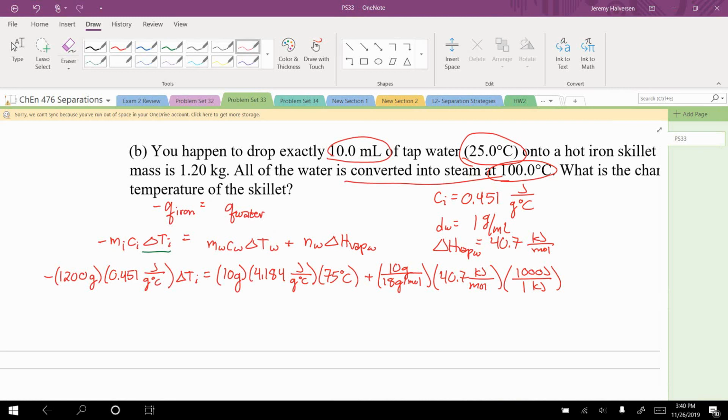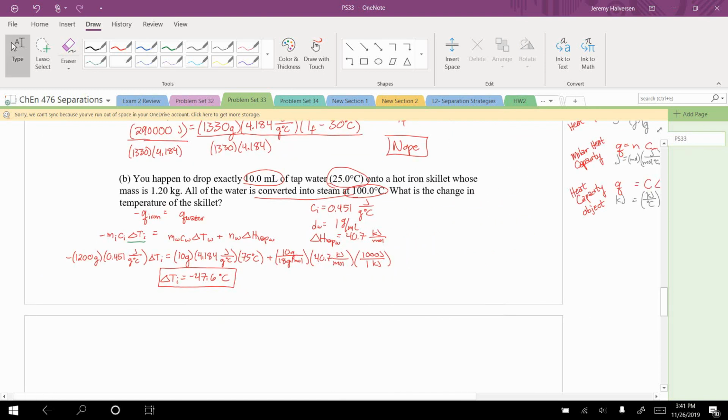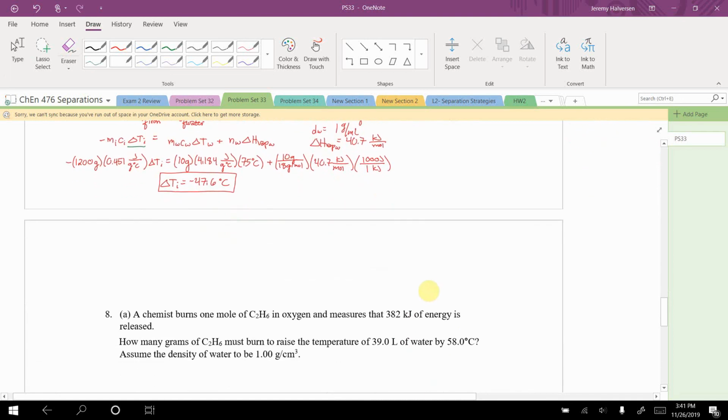All right, so I plug in all those numbers, and I get that the change in temperature of my iron is equal to negative 475.6 degrees Celsius. Should the delta T be a negative number? Yes. Why? Well, I know that my iron's cooling down because I know that my water's heating up. So I should get a negative change in temperature of the iron.